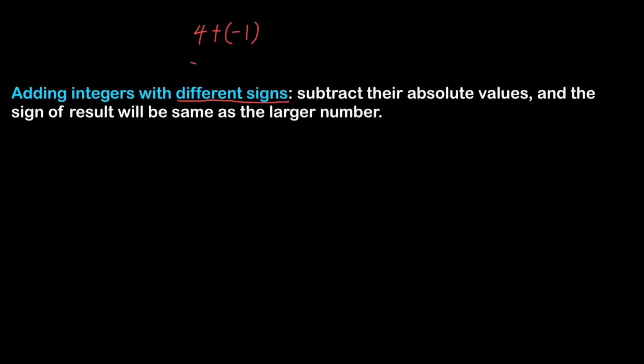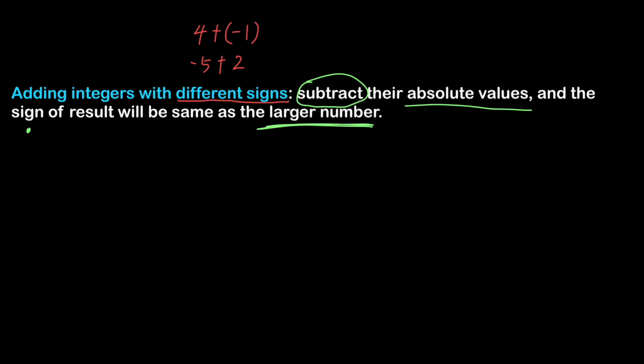Where we have -5 plus 2, they are different signs. And for this rule, it says subtract their absolute values. This is the first step. And then we always have to consider the sign, and the sign will be the same as the larger number.